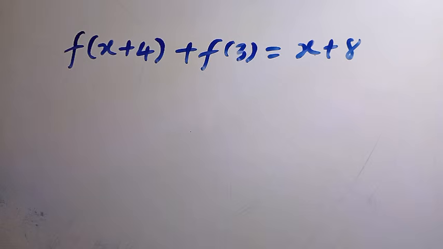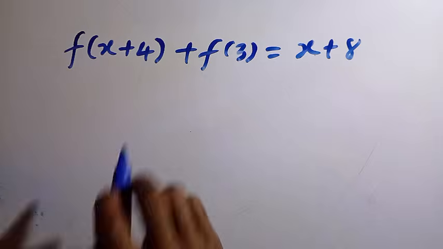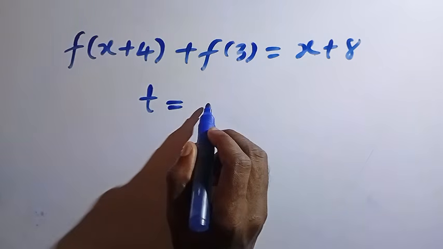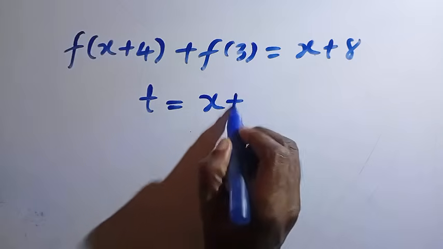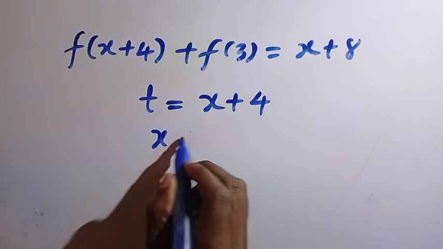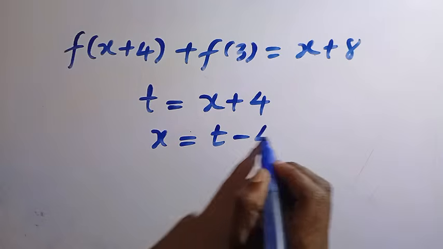Have you guessed how this second method will be? Let's solve it in a simpler form. First we are going to express f directly, just like a substitution method. If I consider this as t equals x plus 4, then we make x the subject of the formula. So we have x equals t minus 4.